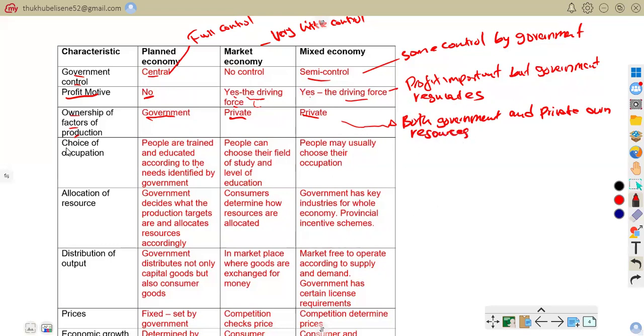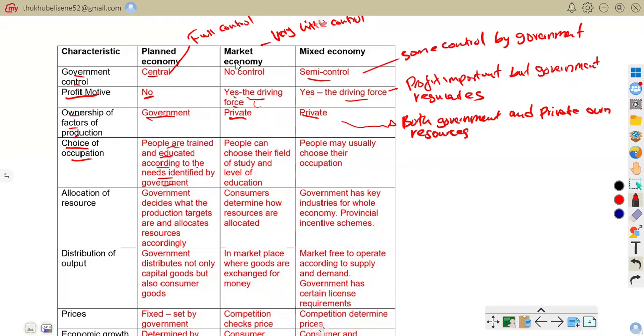So now coming to the choice of occupation. Like I read it by mistake earlier, but we are on this characteristic now. People are trained and educated according to the needs identified by government. Meaning government decides jobs. Government is the one that decides what job.